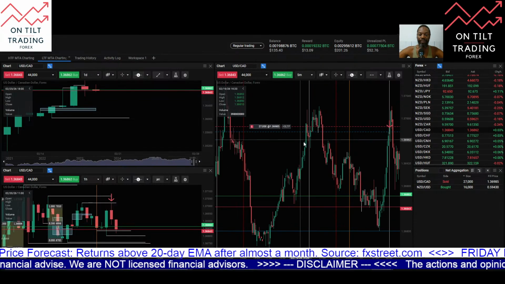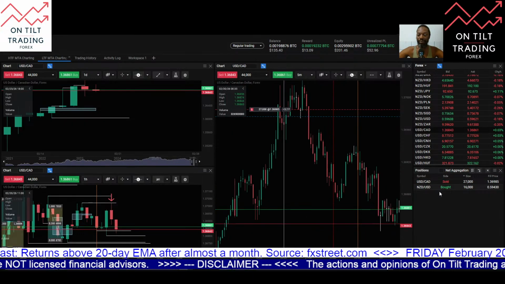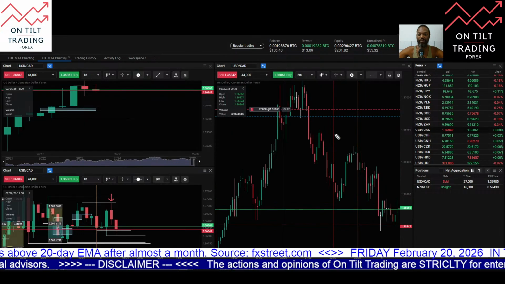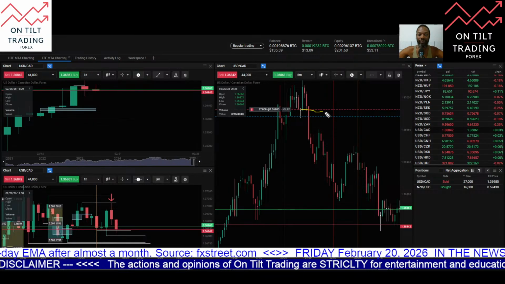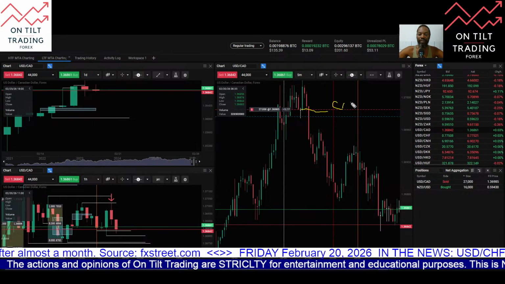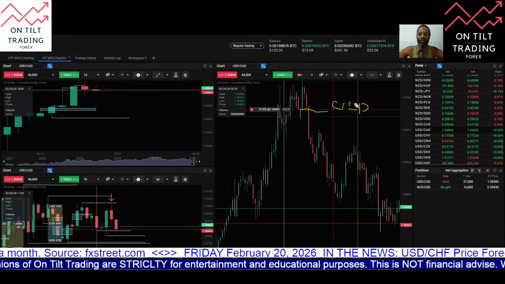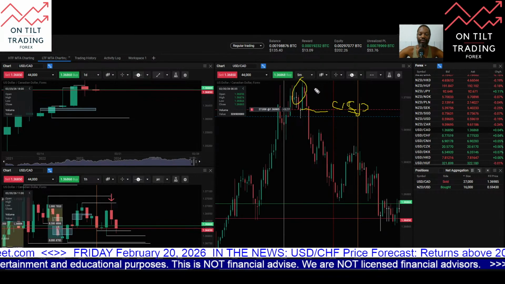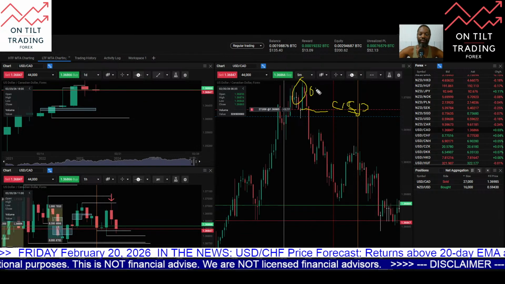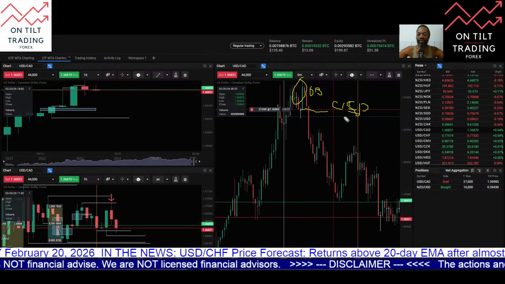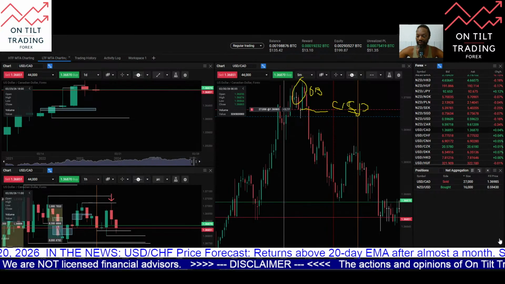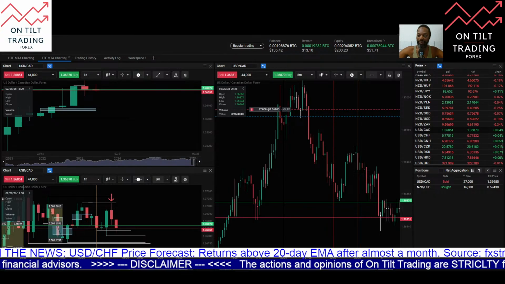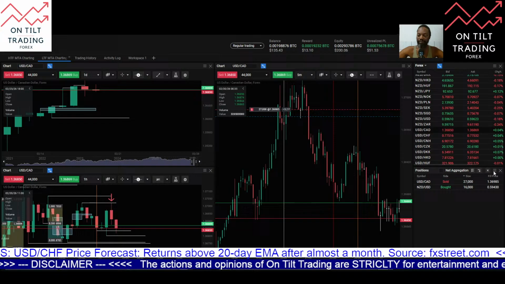But this level that price returned to, and I was able to get an entry off of, is the change in a state of delivery level. So this would make this green candle my bearish order block, and I would anticipate price to respect that, and so far price has respected that level.